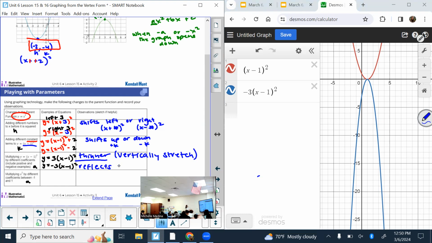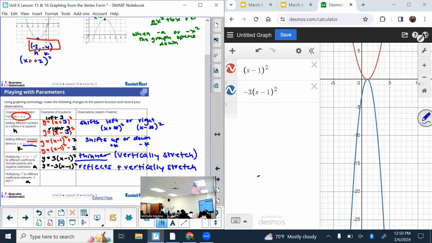So it reflects and is vertically stretched. The vertical stretch comes from multiplying it by a number greater than 1 or less than -1. The fact that it's reflecting comes from it being negative. That same thing where if it's negative, it goes down like a frown. So that's that change. All right, almost done.